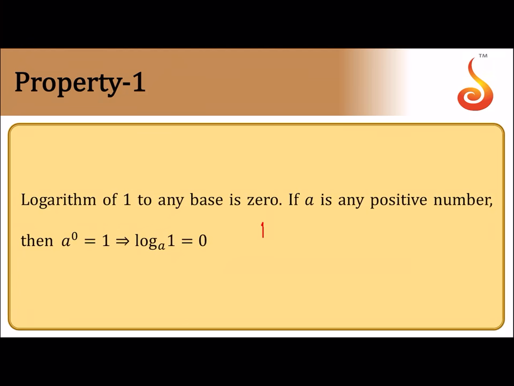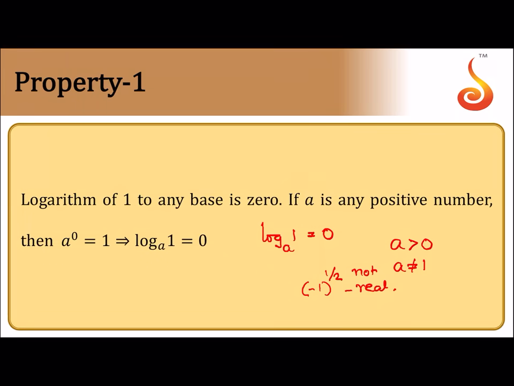Now, logarithm of 1 to any base is 0. If a is any positive number, a to the power 0 is 1. So log base a of 1 is always 0. a must always be positive, a is not equal to 1.